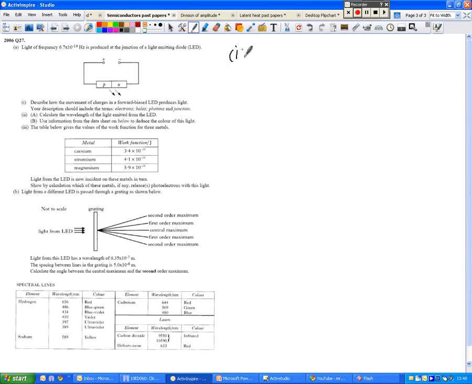So in an LED, what you're looking at is electrons and holes combine, and they combine at the junction, this division between the P-type and the N-type material.